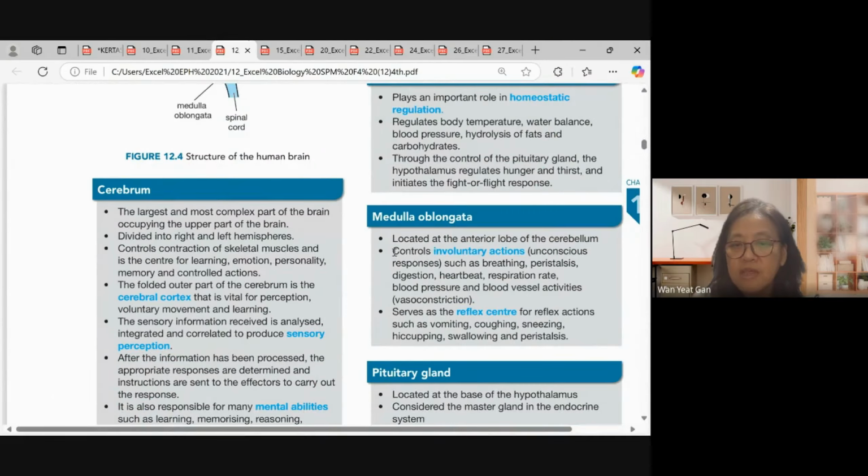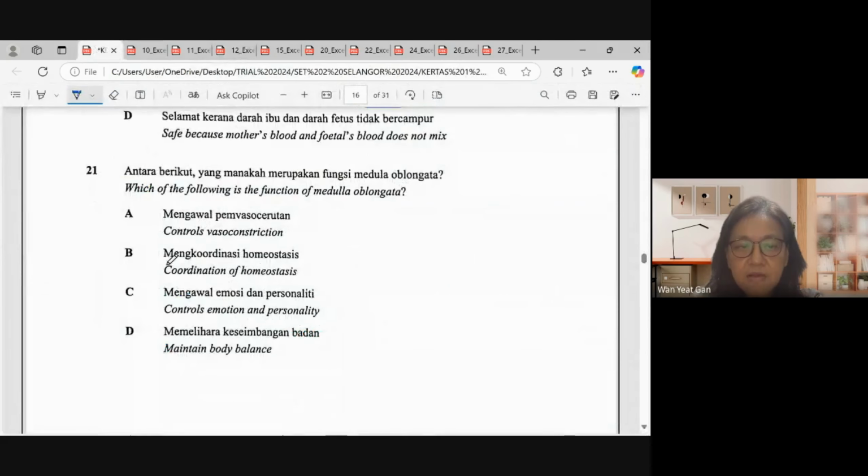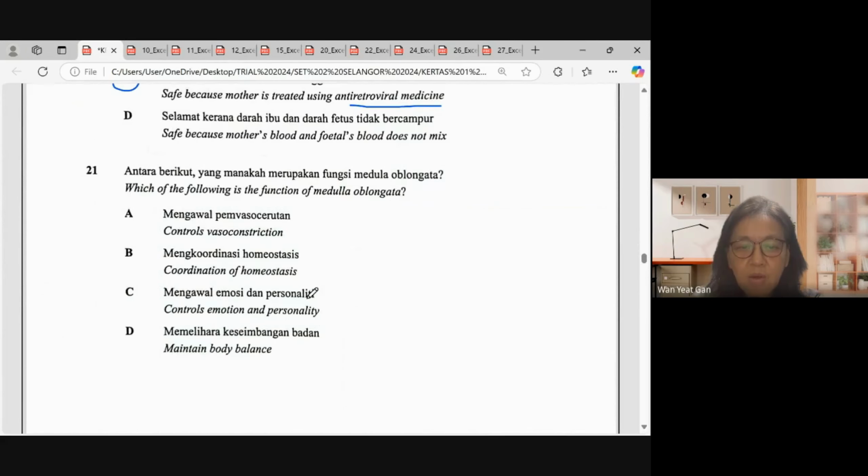It controls involuntary actions such as unconscious responses, such as breathing, peristalsis, digestion, heartbeat, respiration rate, blood pressure, and blood vessel activities, such as vasoconstriction. It also serves as the reflex center for reflex actions, such as vomiting and coughing. So the answer for the function of medulla oblongata is controlling vasoconstriction, because this is an involuntary action.